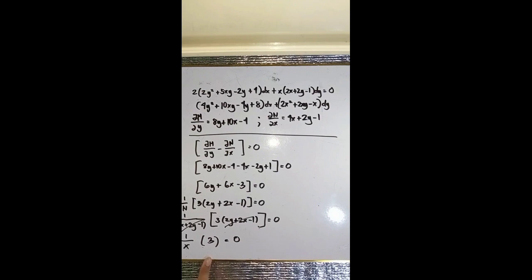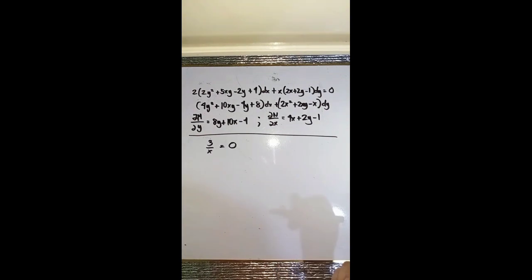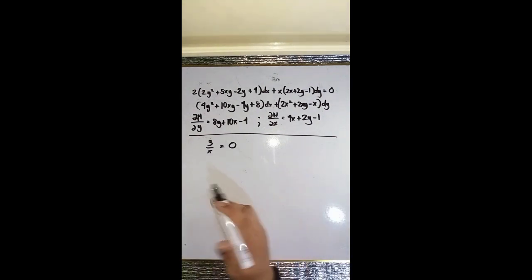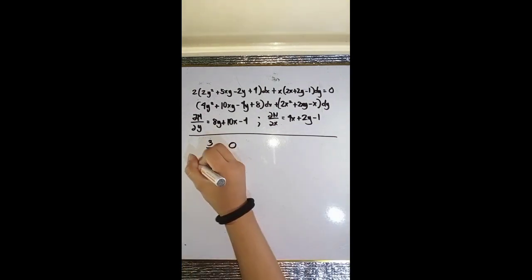Further simplifying this term, it becomes 3 over x. Using the result of this process, we can now surmise what our integrating factor will be using the case 1 analysis.